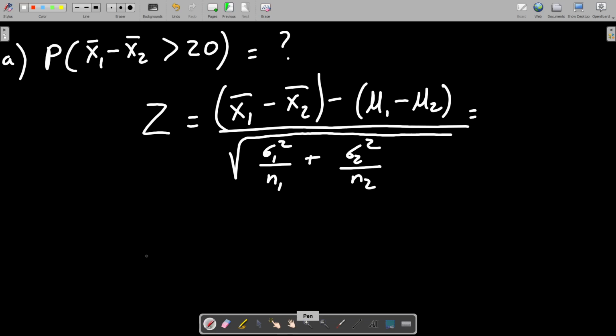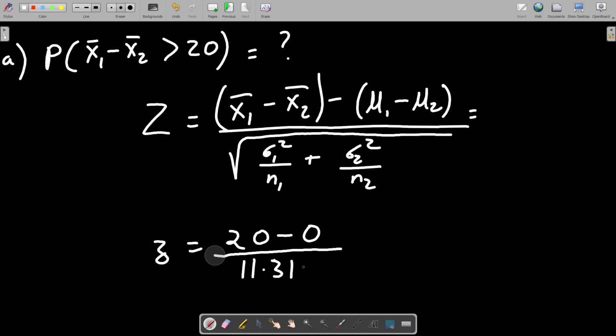So now in our case the small z is equal to 20 minus 0, this was calculated as 0, and this is 11.3192.